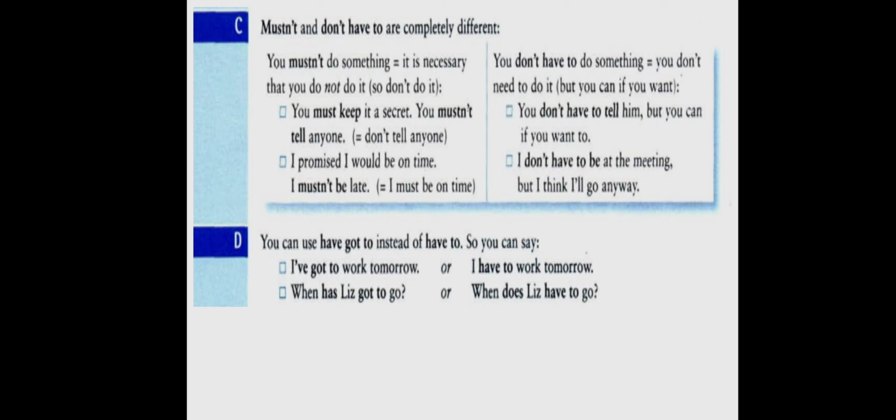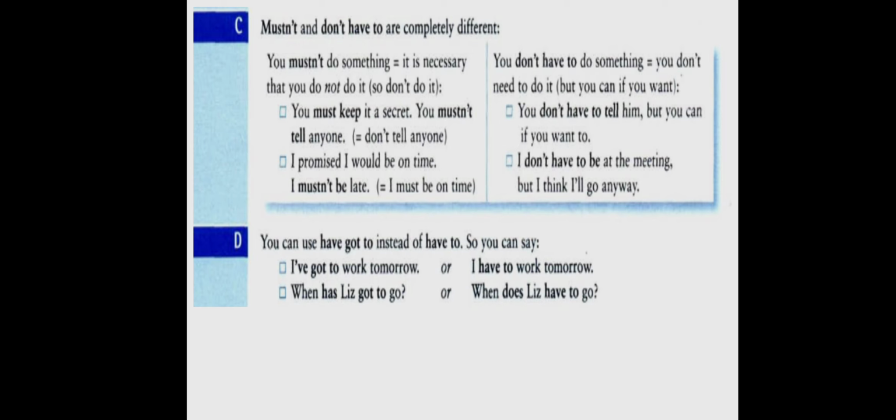On the other hand, if you think of the negative of have to, we say you don't have to do something, means you don't need to do it, but you can if you want. That means it is optional. The person has the choice to do or not to do.